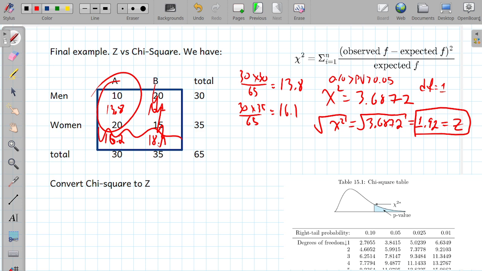Now I'm just going to use my calculator. I don't have a z table handy, but we're going to quickly get the p-value for our z-score.